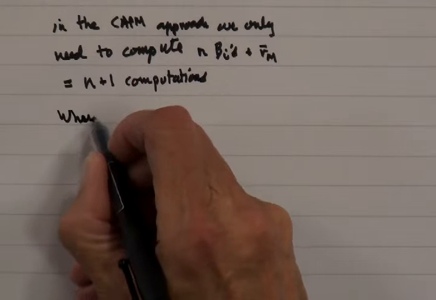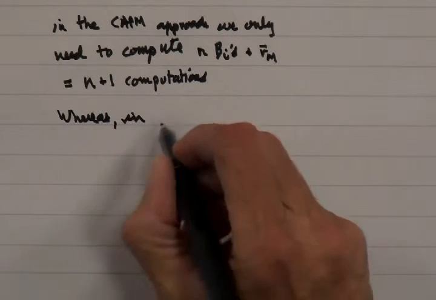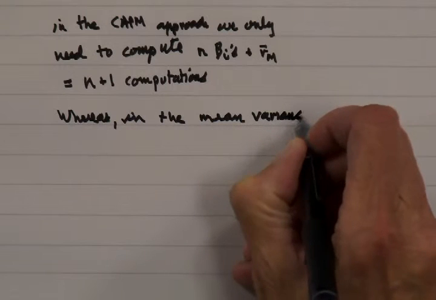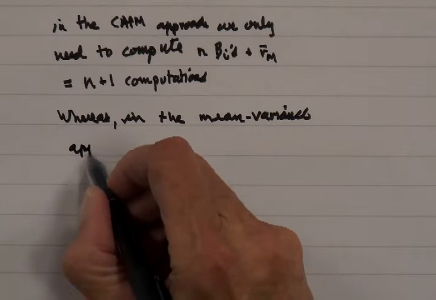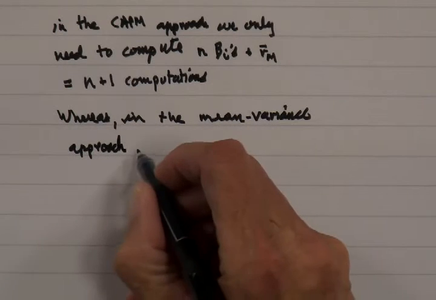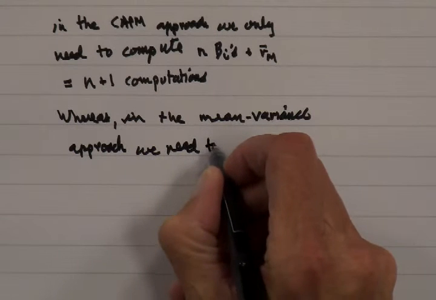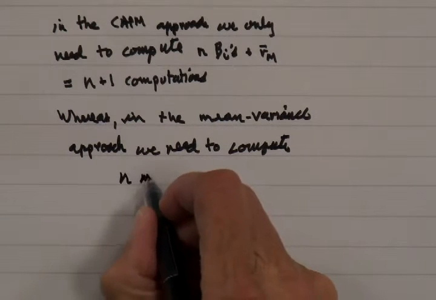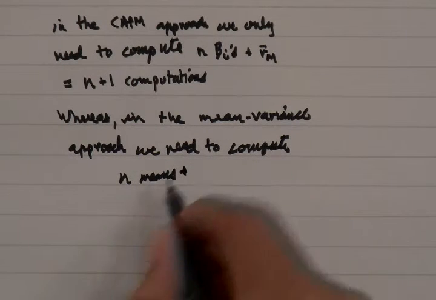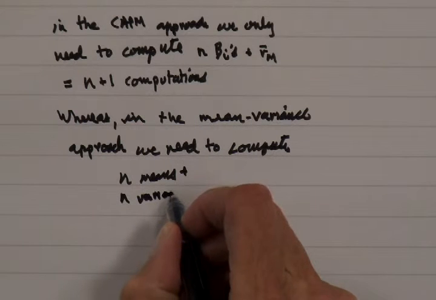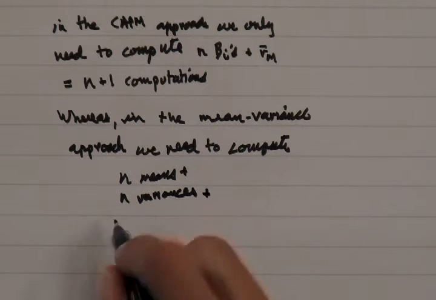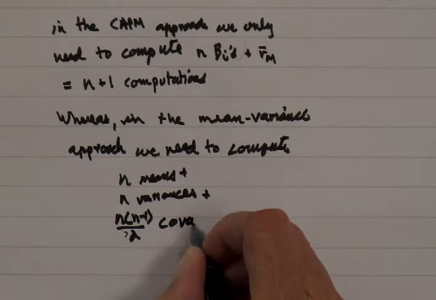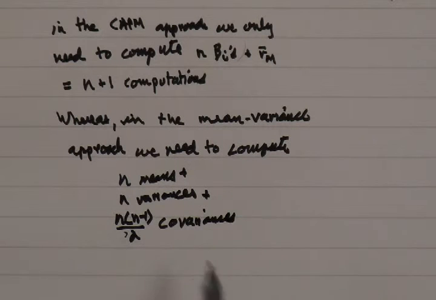Whereas in the mean variance approach, we need to compute n means plus n variances plus n times (n minus 1) over 2 covariances. Okay.